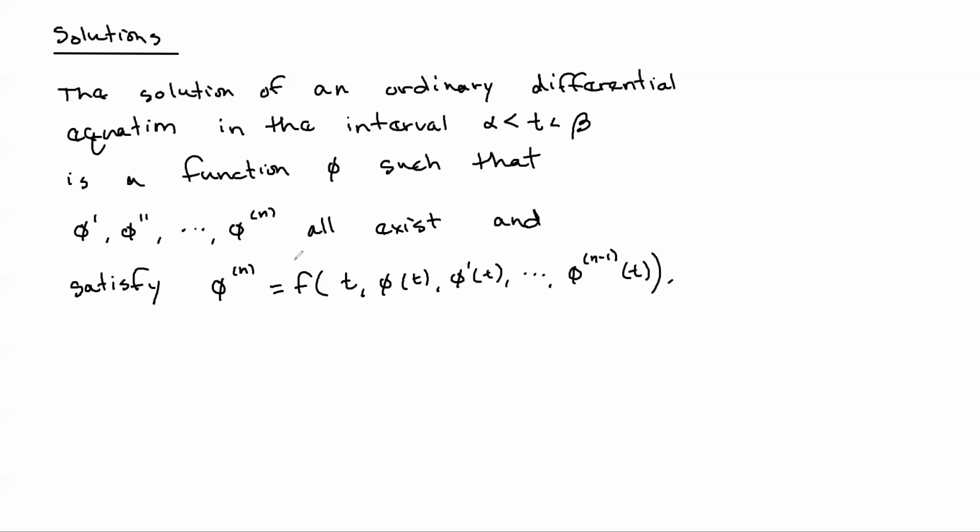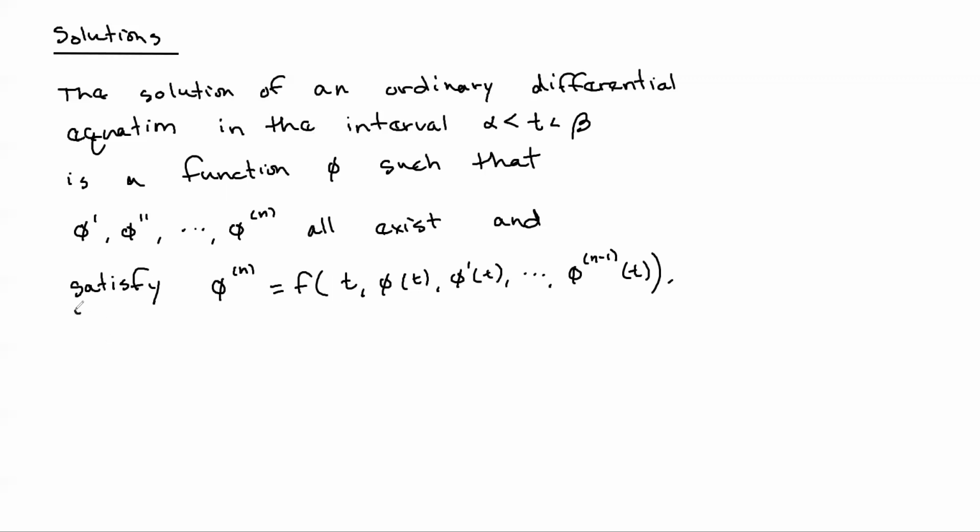So there's a lot of complex language in there. Let's check what this is saying. We have a function that is defined on an interval, and you can take the derivatives, and all of the derivatives also exist. Then you plug them into the differential equation, and it satisfies it.